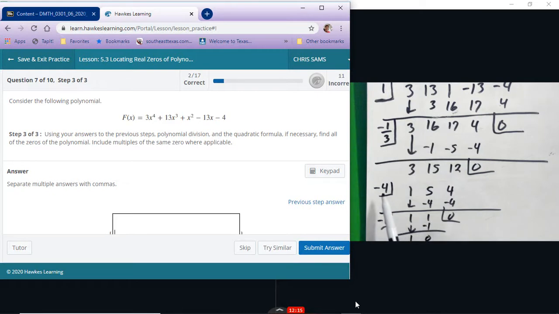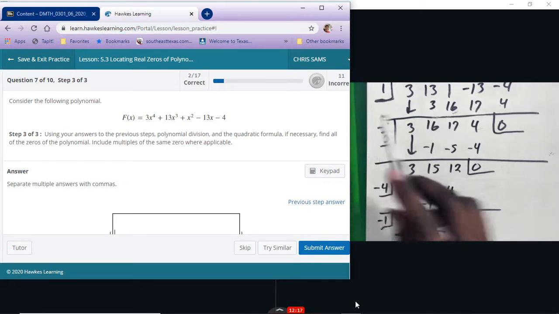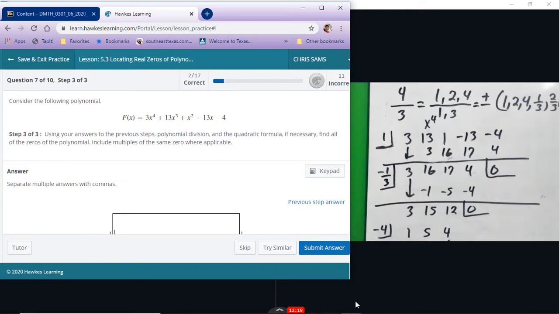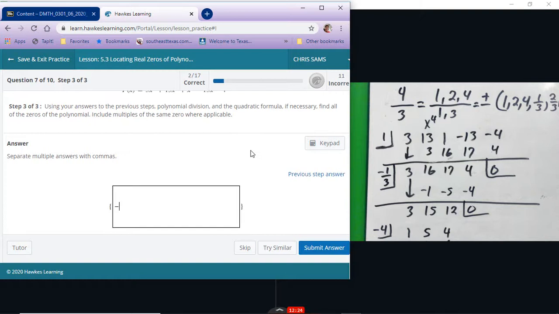So negative 1, negative 4, negative 1/3, and 1.